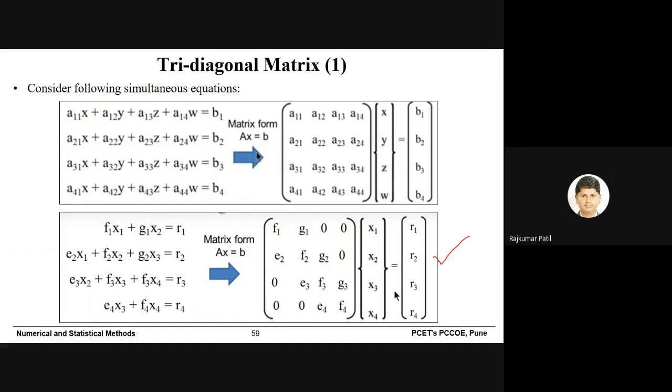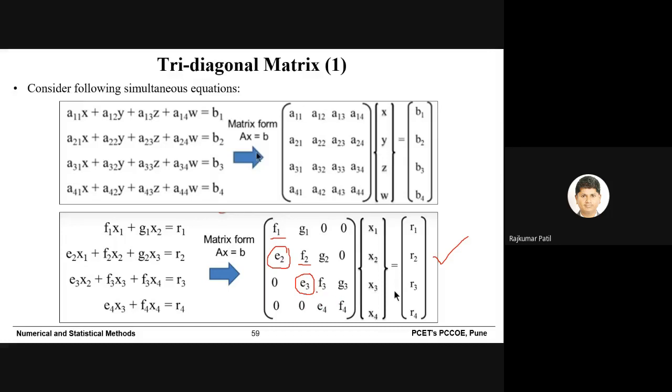And the process of solving such type of problem is again similar to Gauss elimination method. So what we just need to do, we first of all consider F1 as pivoting point and we make E2 as 0. Then in next step, we consider F2 as pivoting point, and by using that, we make E3 to 0.